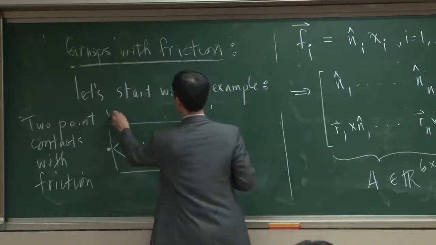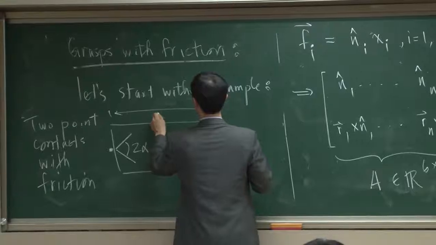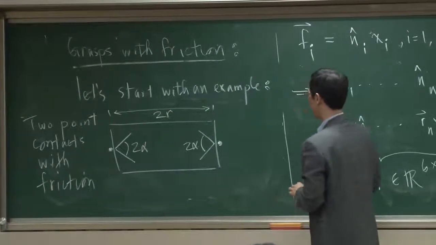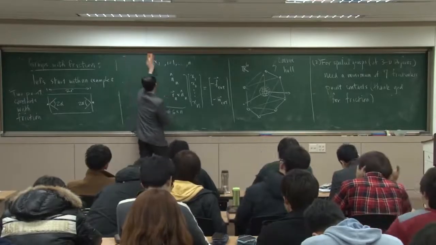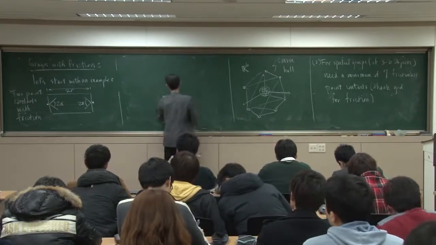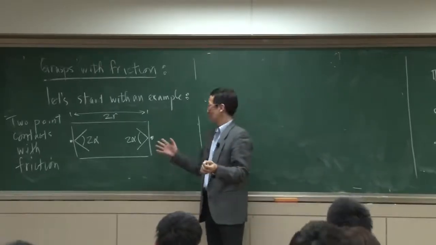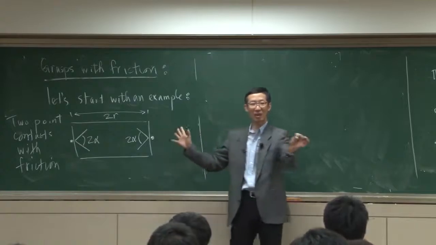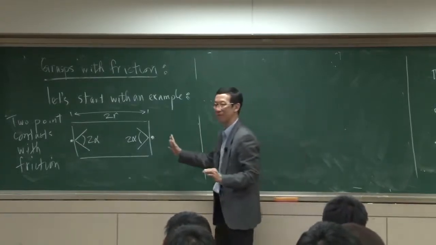Let's call this dimension 2r, 2 times r. What do we do here? Let's do exactly what we did before, and apply it to this problem.